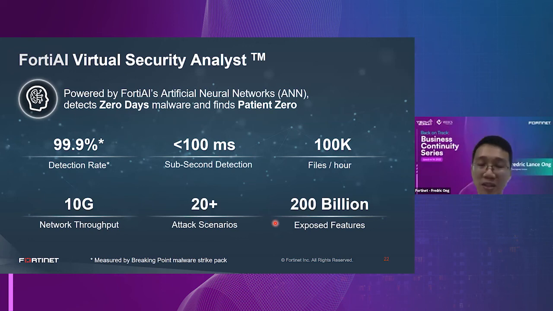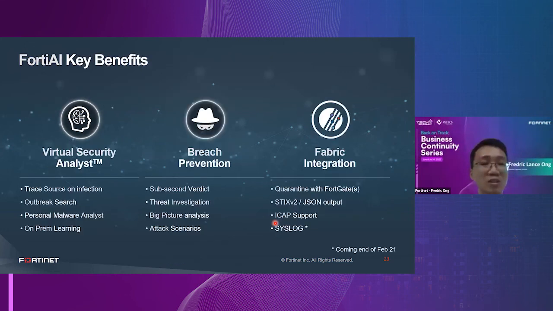So the traffic, and also, as you can see here, the virtual security analyst can trace the source of an infection. You can do a timeline, you can do an analysis. It can even do on-prem learning, because with AI machine learning, you will need time to train the device. So actually, FortiAI, when it is shipped to the customer, is already pre-trained with a set of data from Fortinet.